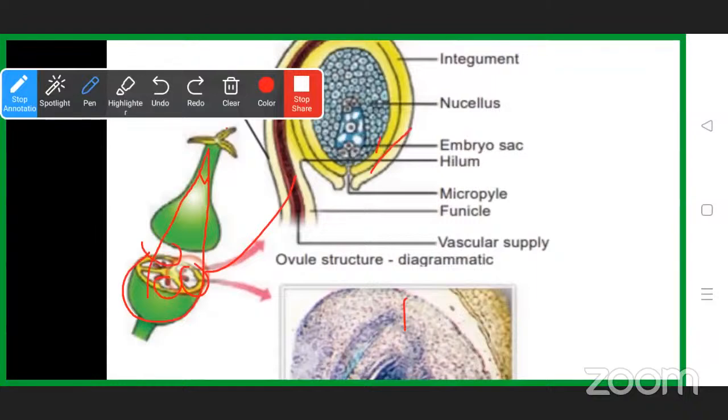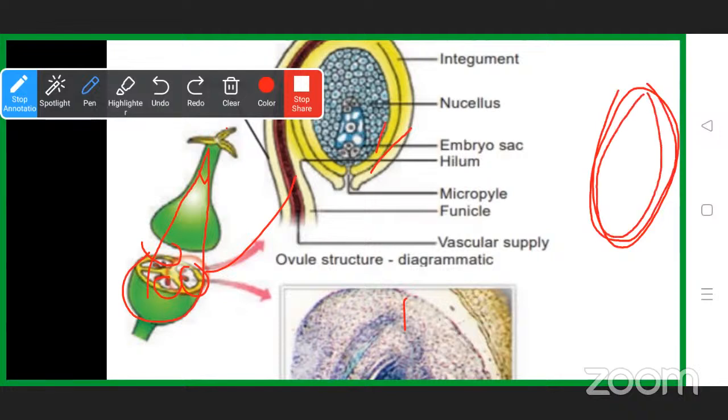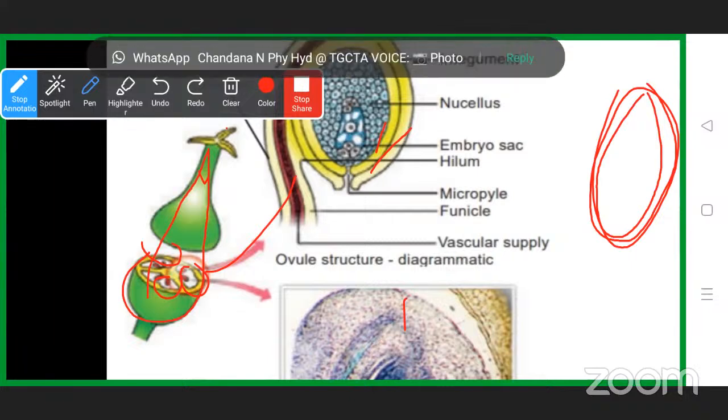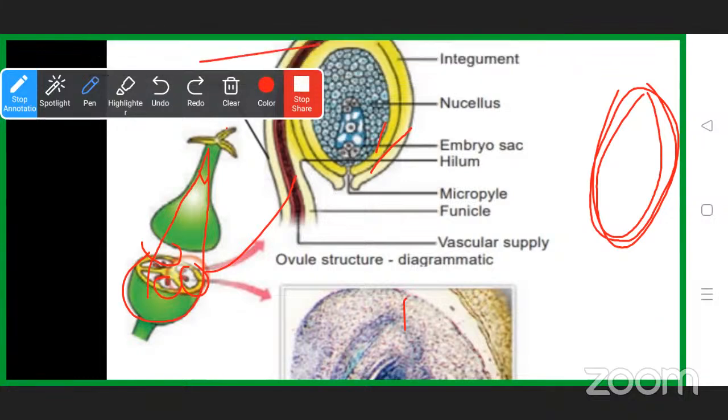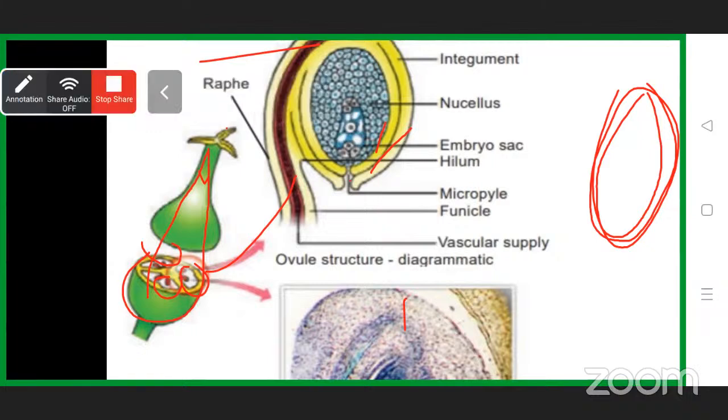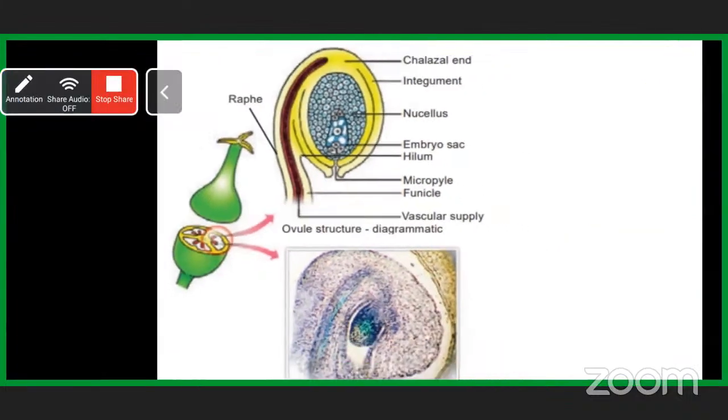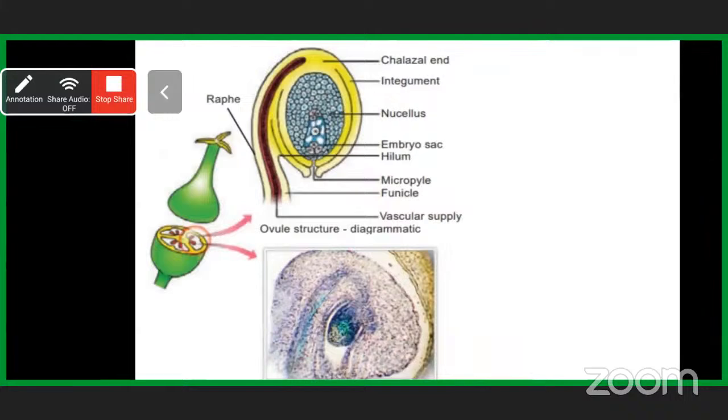The seed coat we call the testa or tegmen, but here the ovule coat is the integument: inner integument and outer integument. Where they have the porous space, that is called the micropyle, and the other end is the chalazal end.